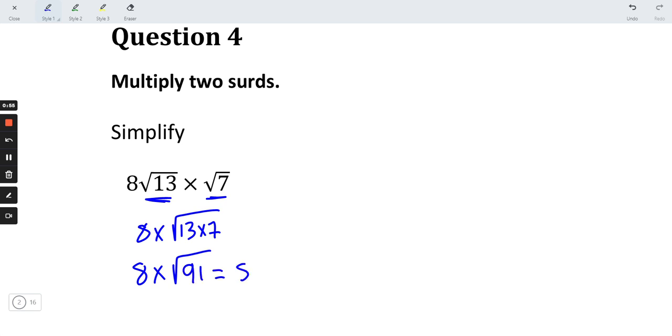This is equal to 8 square root 91. As we know, the square root of 91 is a decimal number, so it's a surd, not a square number, because 91 is not a square number.